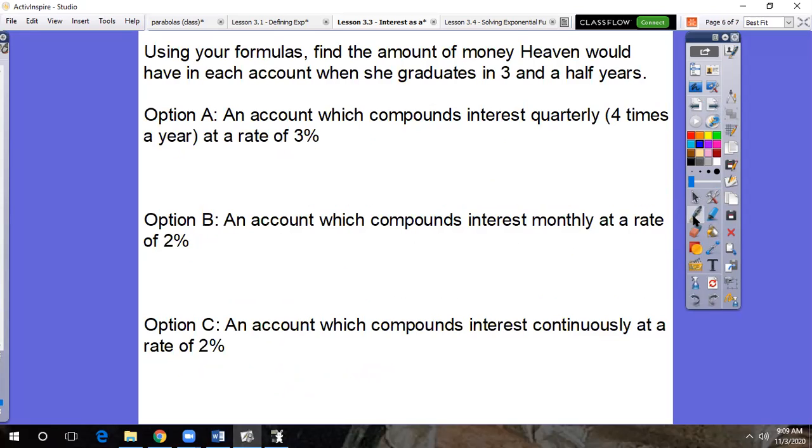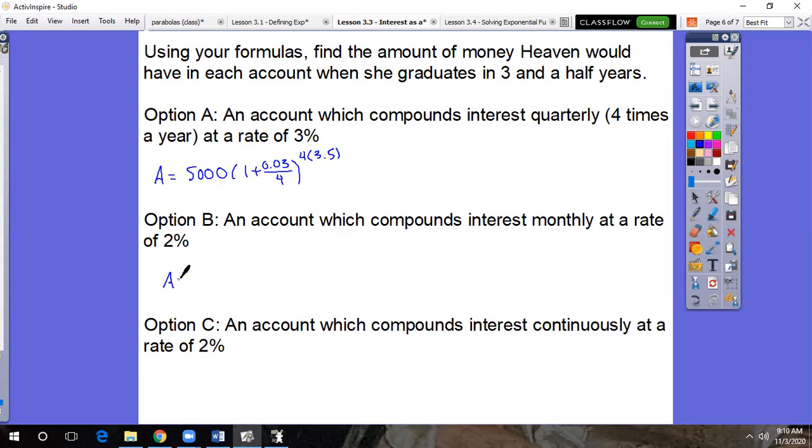The last thing we're going to do today is figure out how much money she's going to have in each account in 3.5 years. So right here, A was equal to 5,000 times 1 plus 0.03 over 4 to the N, which was 4 times T. In this case, T is 3.5. So we're going to put 3.5.